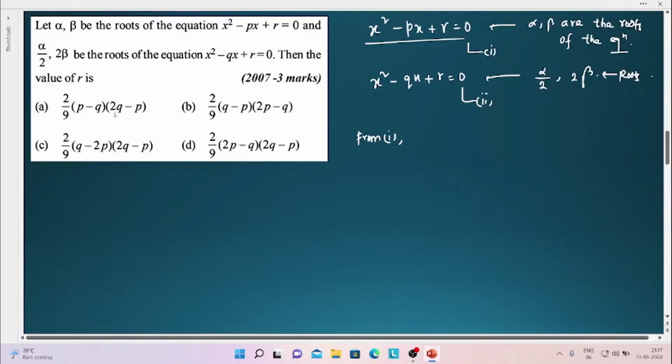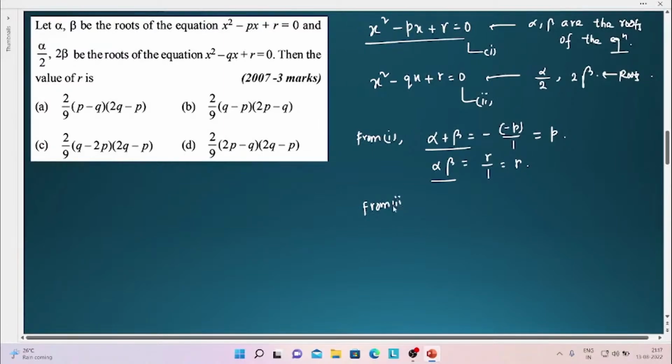So from the first equation, alpha plus beta is equal to minus of minus p upon 1, so it will be only p, and the product of the roots will be r upon 1, so it will be only r. So alpha plus beta is p and alpha times beta is r.